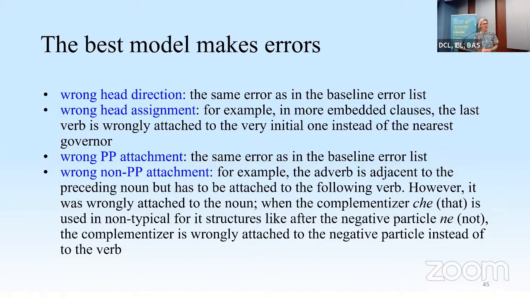What we see here, where the best model makes errors, very often the types of errors are the same, of course. Wrong head direction is the same, wrong head assignment is the same. But here we also have this wrong non-PP attachment very often, which is interesting for the best model to do. The adverbials, the problem with adverbials.